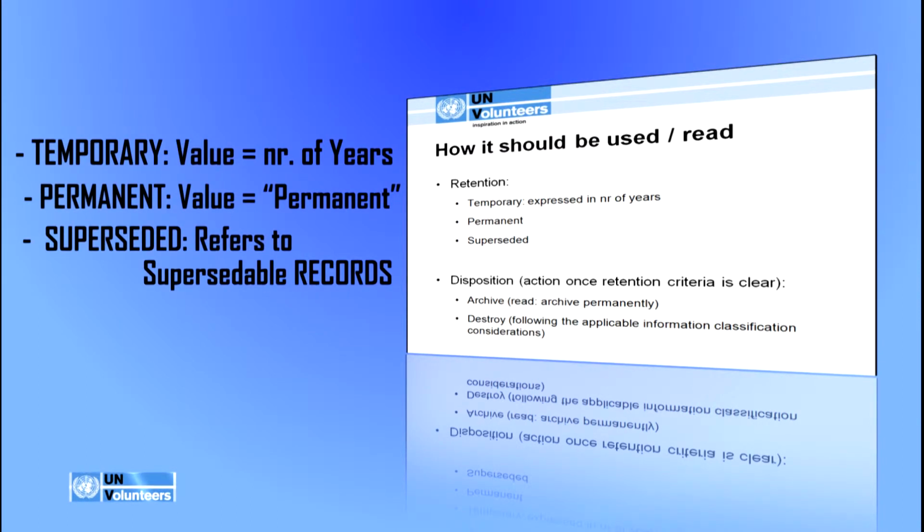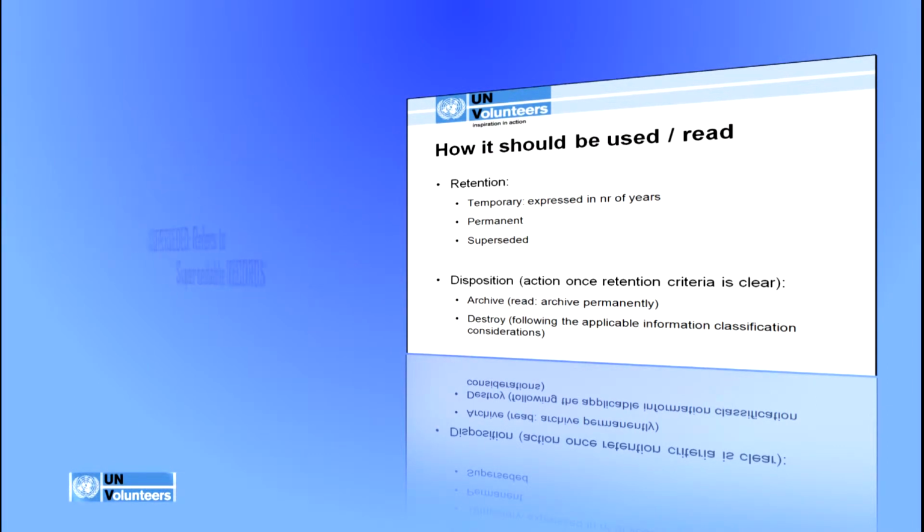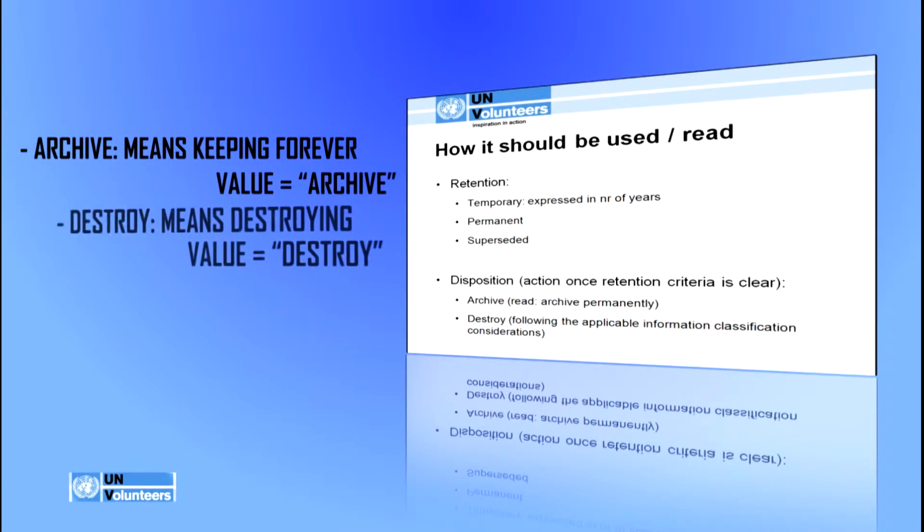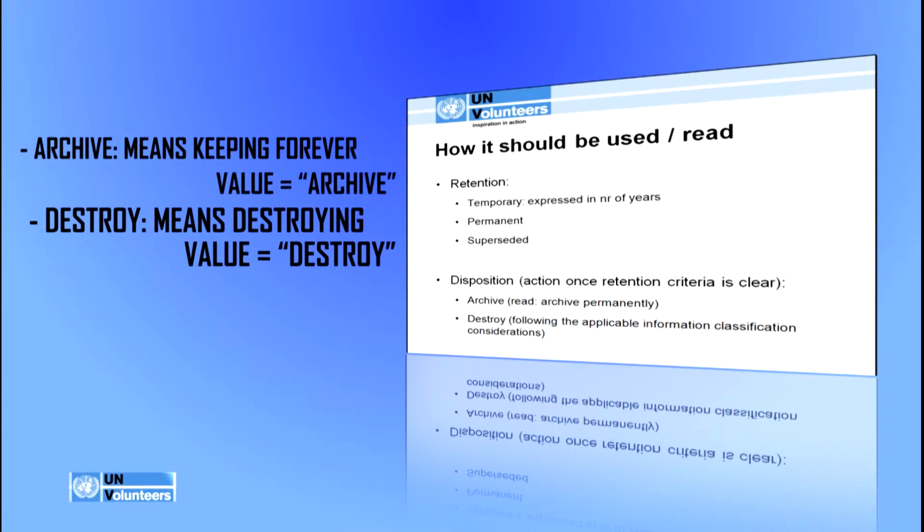Unsuperseded, the retention has expired and the disposition is the next action. Value equals superseded. Disposition archive means to keep forever. Value equals archive. Destroy means to destroy as per information sensitivity guidelines.